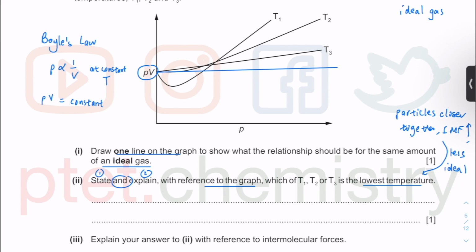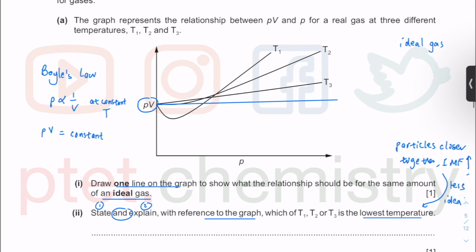And when they become less ideal, we can expect them to deviate the most between T1, T2, and T3. We can see that T1 deviates this much at this particular pressure, and then if I look at another one, T2 deviates around this much by the green color, and then T3 deviates by around this much. So in terms of T1, T2, and T3, the greater the deviation, the less ideal it becomes.